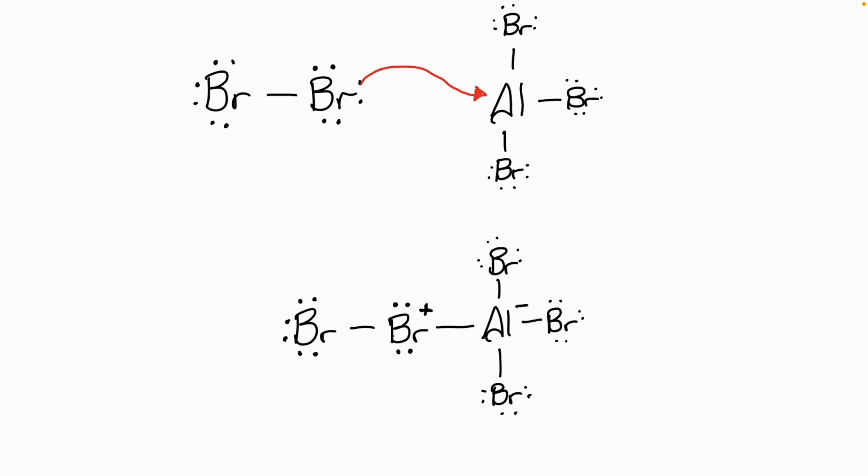All right, so we get this halogen aluminum halogen metal complex here. And this bromine on the very end is our electrophile.